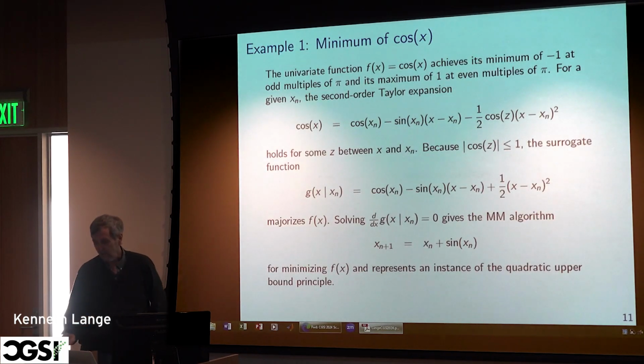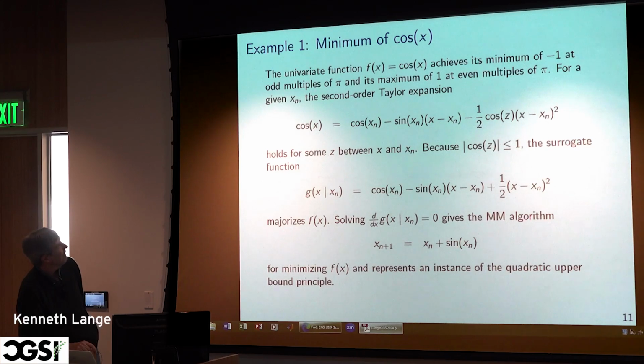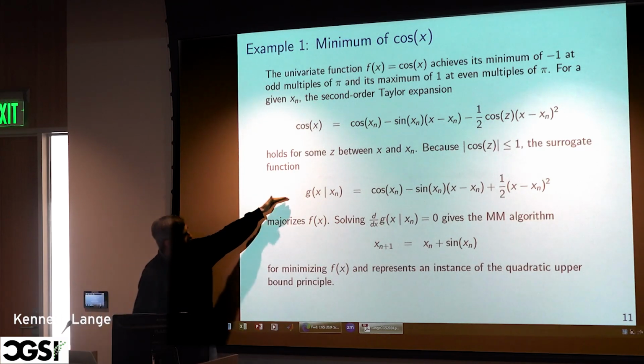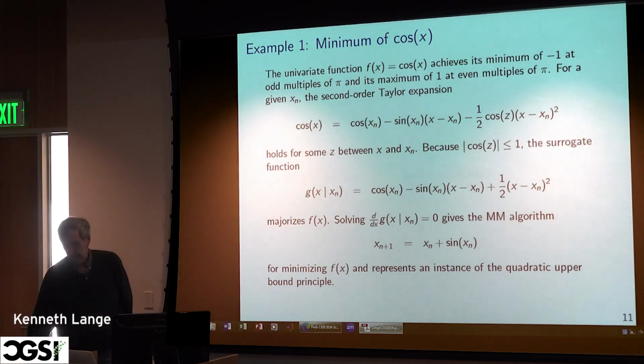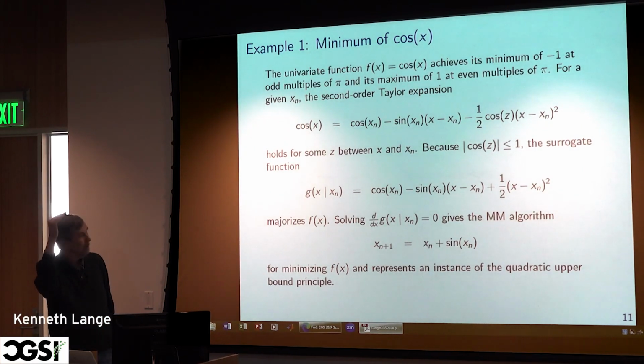Okay, here's this first and simplest example. Minimizing the cosine of x. So the first thing you do is you take a second order Taylor expansion. So that's that top equation, and on the far right you see an intermediate point z between your current iterate xn and your potential new iterate x. And because the cosine in absolute value is always less than 1, this function actually falls above the cosine curve.